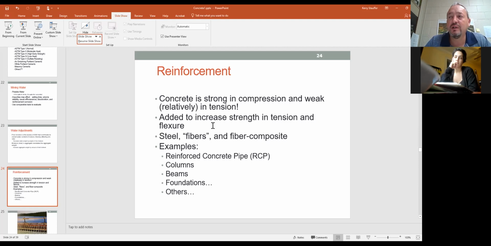It's added to concrete because concrete is strong in compression and weak in tension. I think in class Wednesday we had a little beam that I drew out for you and showed you positive bending. So it wants to sag in the middle. So the upper fibers are in compression, they're fine. But the lower or bottom fibers are in tension.